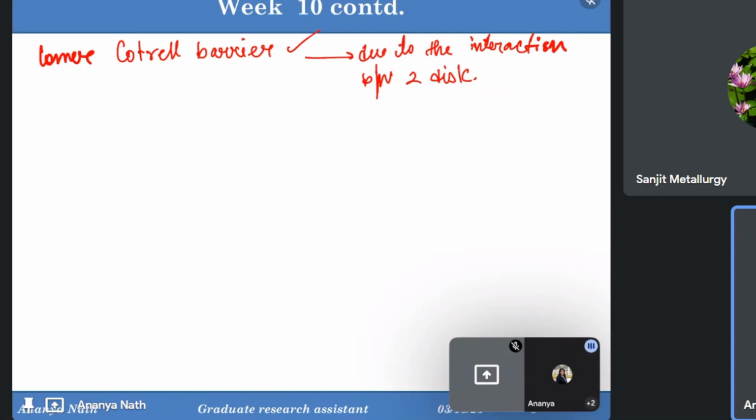If there are two dislocations, one is like this and another one is moving like this. I'm trying to draw it. One plane is moving like this and another plane is moving like this. Okay, now I think I have drawn the wrong direction.